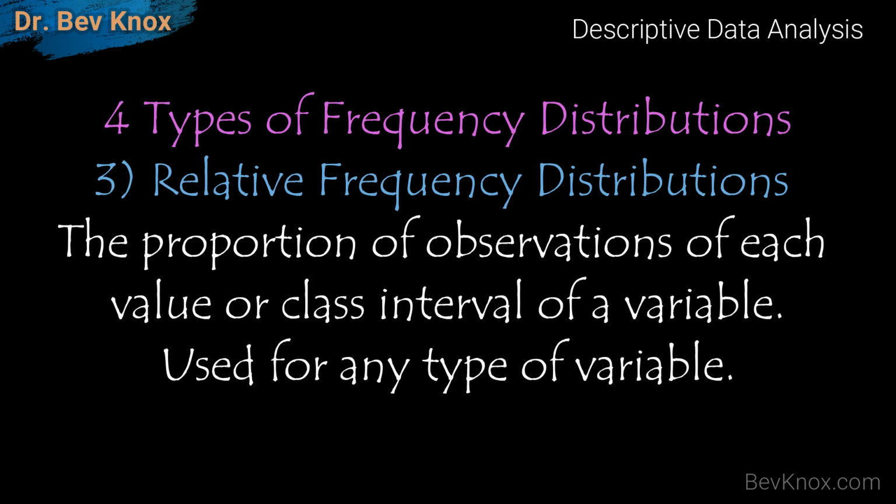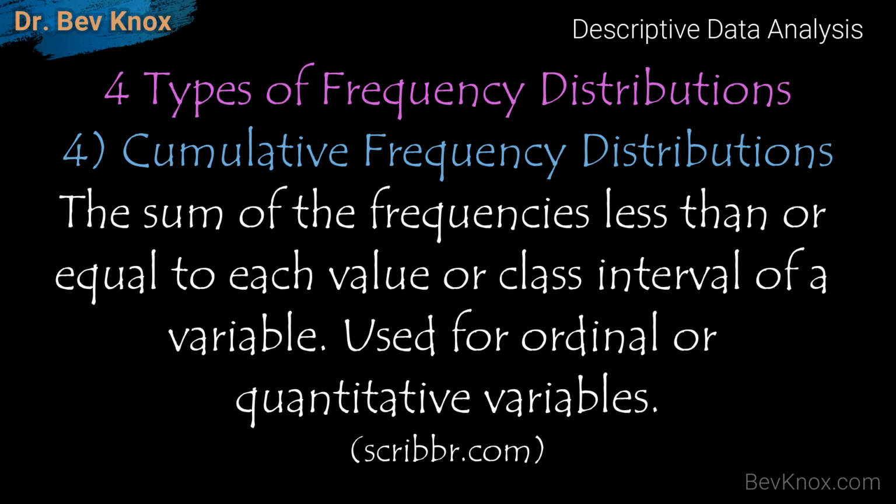You can use this type of frequency distribution for any type of variable when you're more interested in comparing frequencies than the actual number of observations. Next, the cumulative frequency distribution. The sum of the frequencies less than or equal to each value or class interval of a variable. And you can use this type of frequency distribution for ordinal or quantitative variables when you want to understand how often observations fall below certain values.